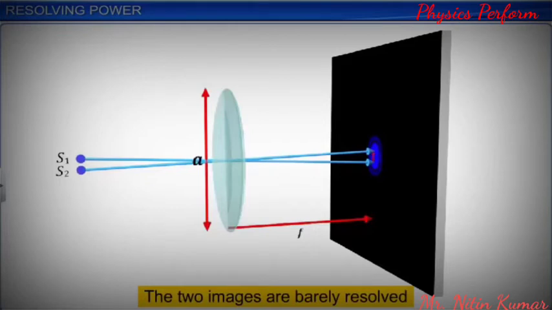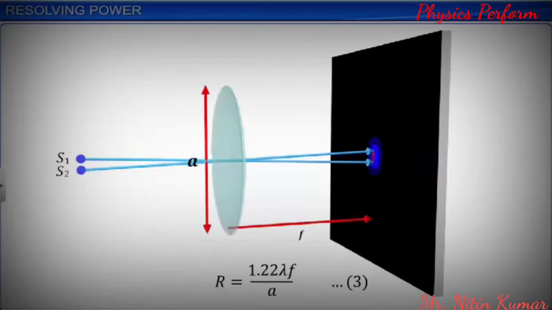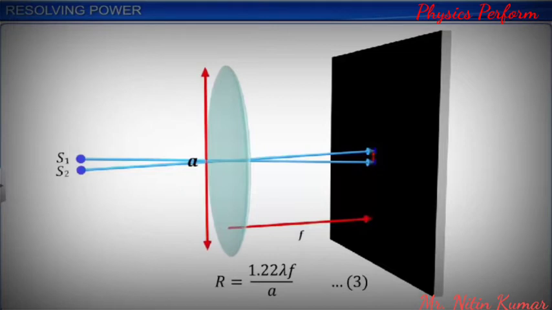This is known as Rayleigh criterion. This means that the radius of each bright disk should be equal to the separation between them. But as per equation 3, the radius of the central bright disk is equal to 1.22 lambda f by A. Hence, increasing the diameter A of the lens decreases the r value and as a consequence increases the resolving power of a lens.